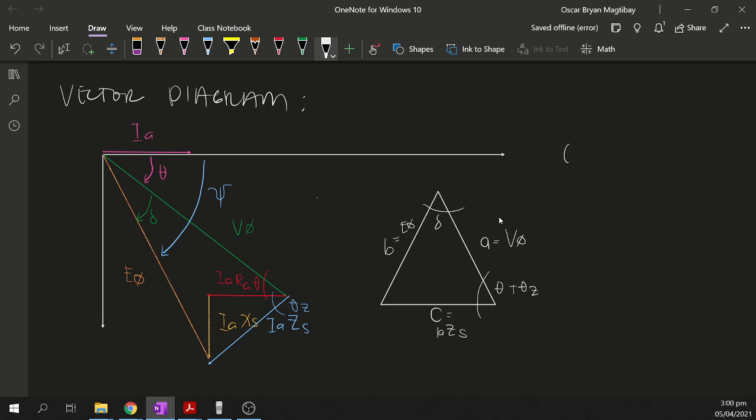By using cosine law. Side C ang kukuhanin natin. So, this is C squared is equal to B squared plus A squared minus 2ab cosine big letter C.